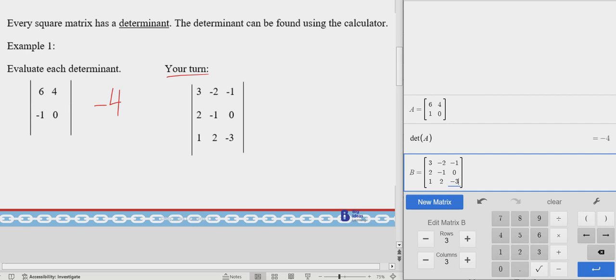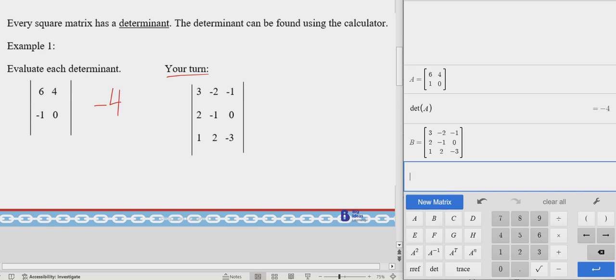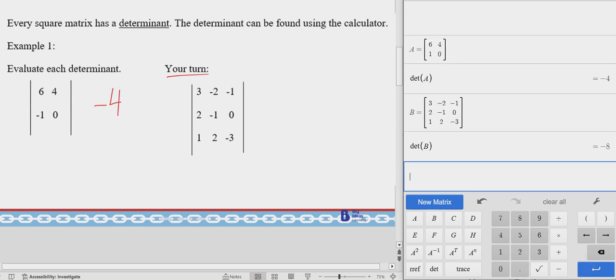I give it a quick glance to make sure that I didn't make any mistakes and enter that into the calculator. And then I say I want you to find the determinant of matrix B. And we get a value here of -8.